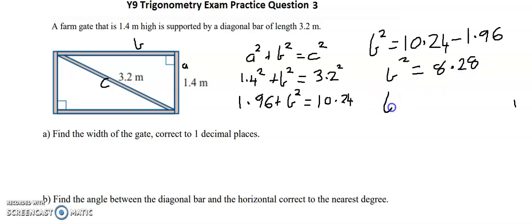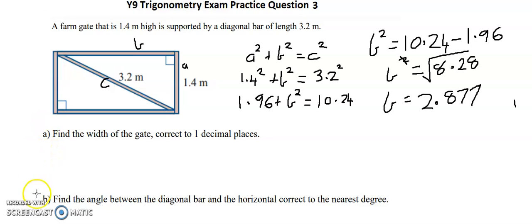To get B by itself, I need to square root both sides. So if I square root B squared, that cancels out, and I'm square rooting 8.28. That leaves me with 2.877 for B.